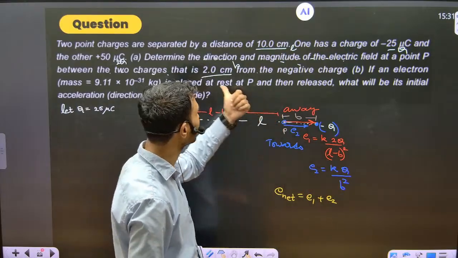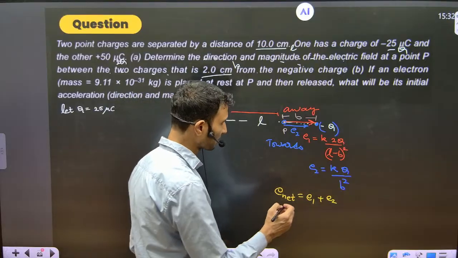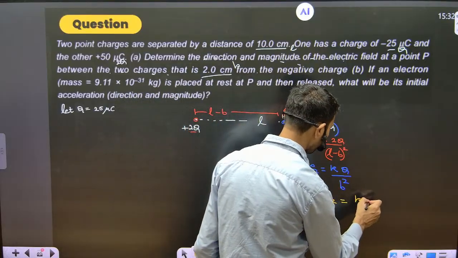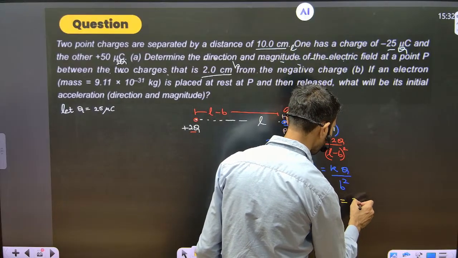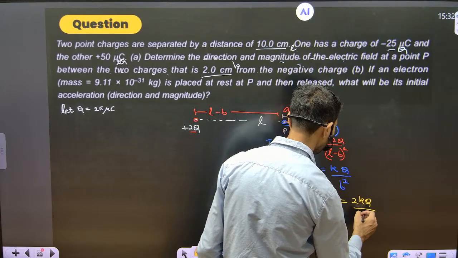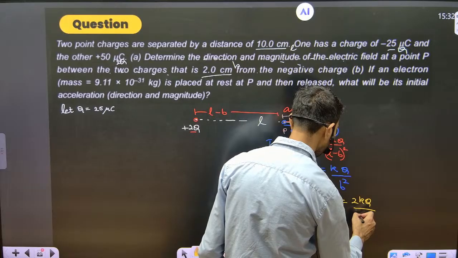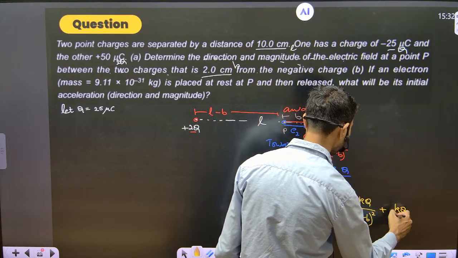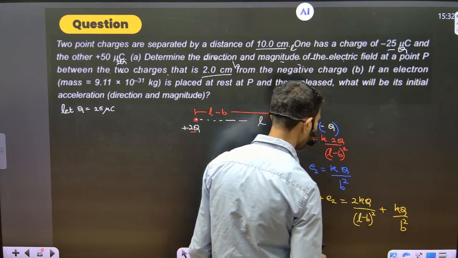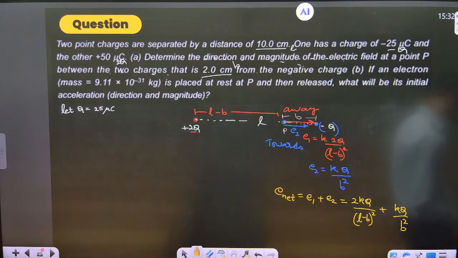K is given, Q is given. Q is 25 microcoulomb. Just add it and you'll get the answer, coming out to be KQ taken common. That's the net electric field.